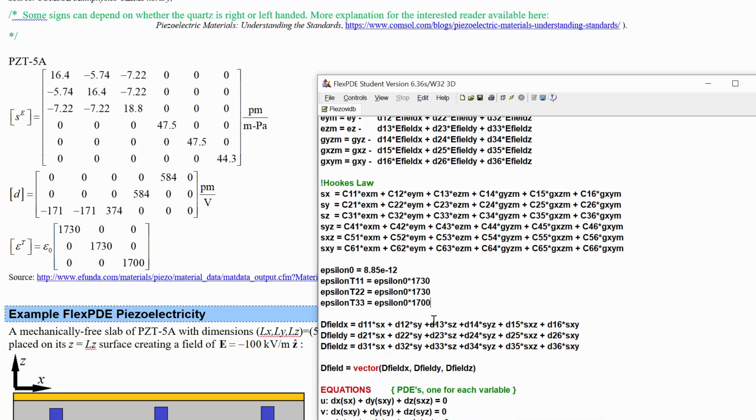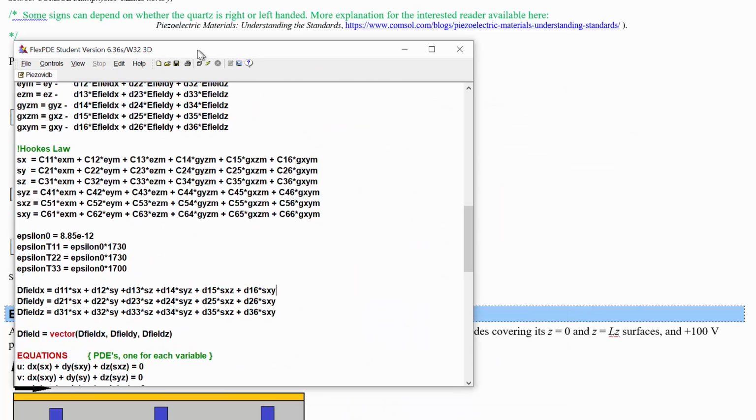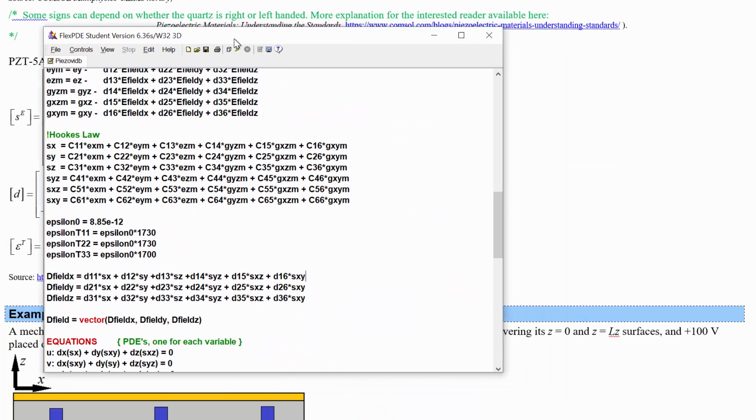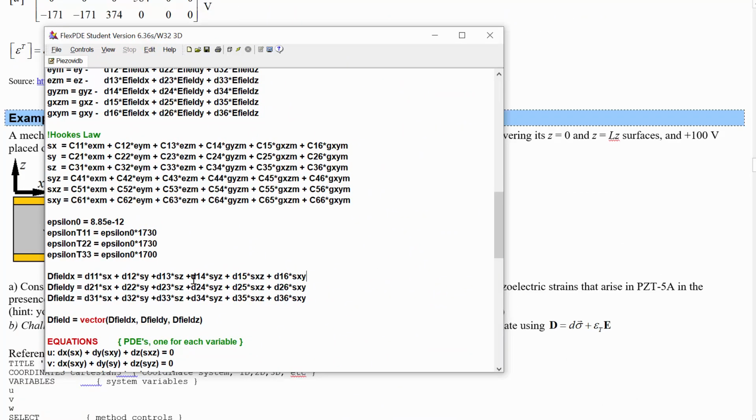Okay, now we've got the epsilons in there, and so we can modify this to account for there being an electric field by adding in the diagonal components of epsilon, which are the only non-zero components of epsilon because it's a diagonal matrix, this permittivity.